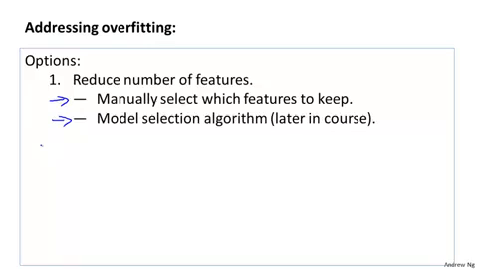This idea of reducing the number of features can work well and can reduce overfitting. And when we talk about model selection, we'll go into this in much greater depth. But the disadvantage is that by throwing away some of the features, you are also throwing away some of the information you have about the problem. For example, maybe all of those features are actually useful for predicting the price of a house, so maybe we don't actually want to throw some of our features away.